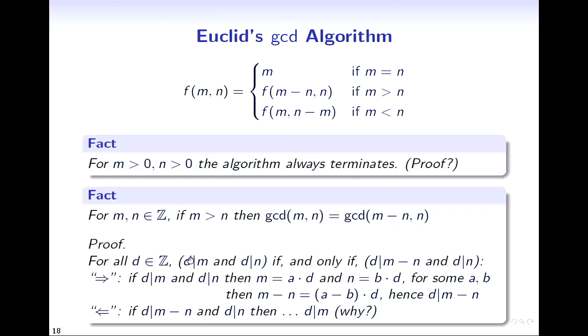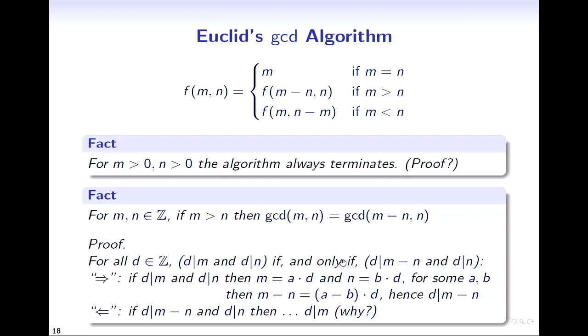That is, if we are given that d divides m and d divides n, can we be sure that d divides m minus n and n? Now, clearly, if we're given that d divides n, then we know that d divides n. So the important part of this proof is, if d is a divisor of m and n, is it also a divisor of the difference between the two?